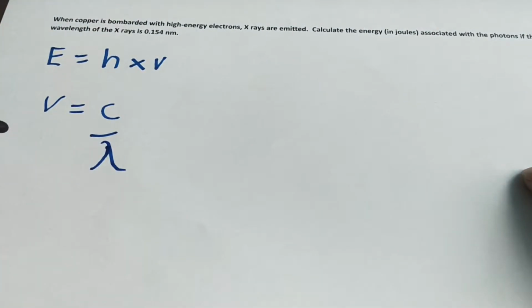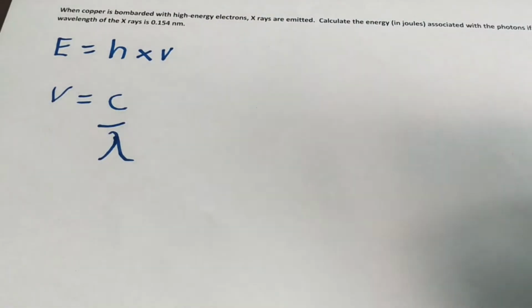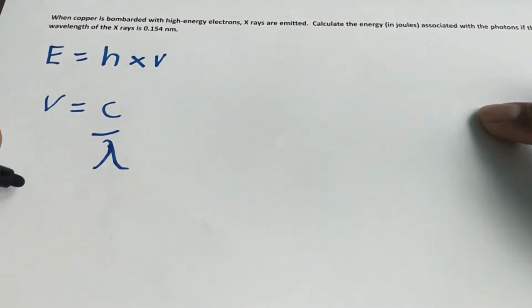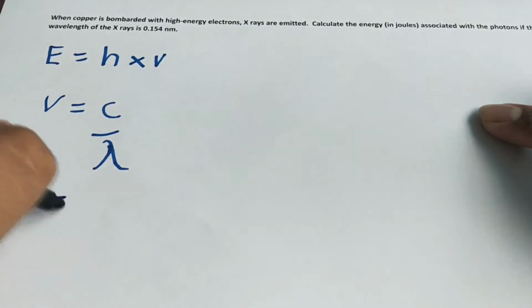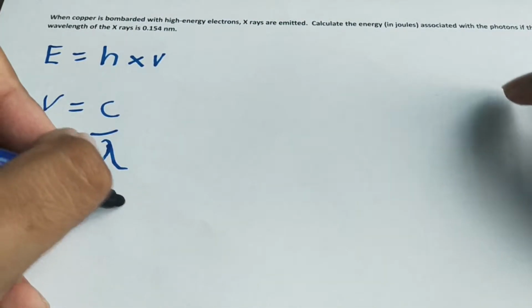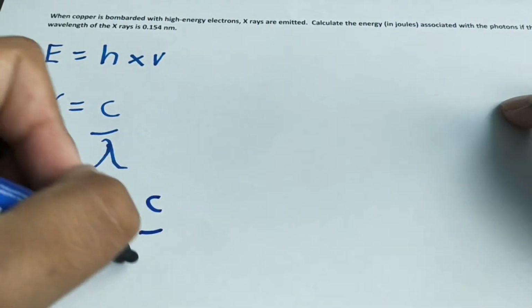We calculate c over lambda first. So we can rearrange the equation: E equals h, we substitute v with this, times c over lambda.